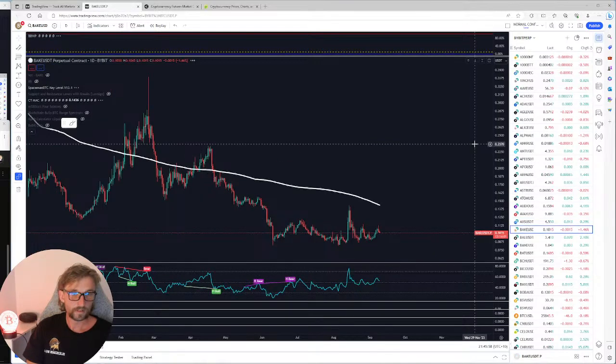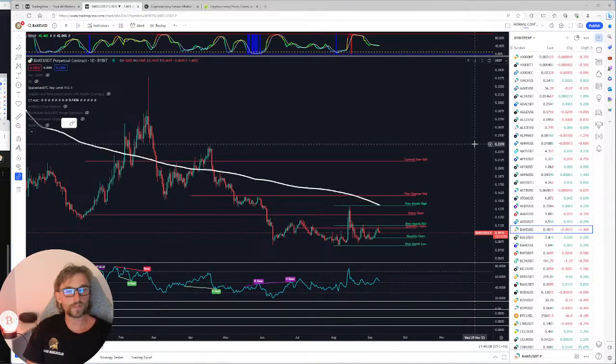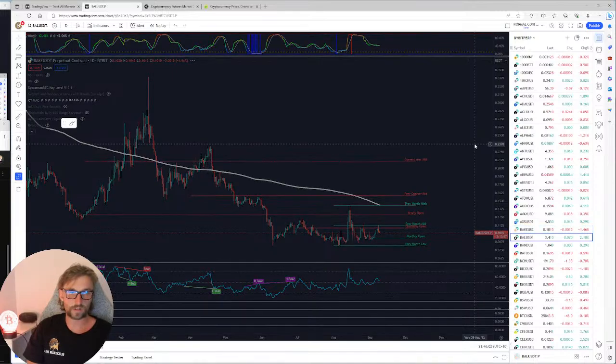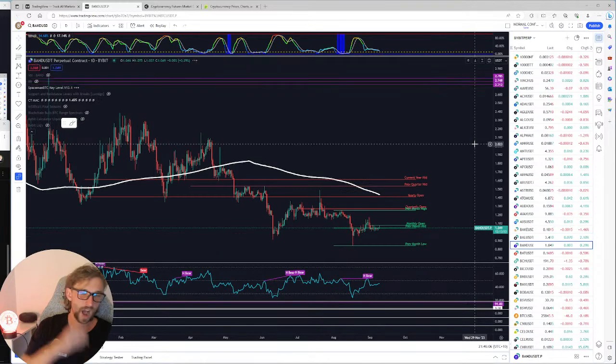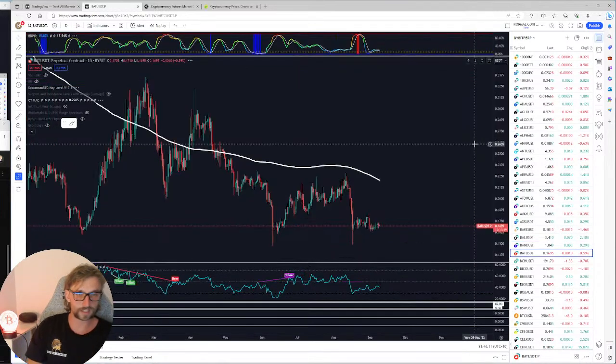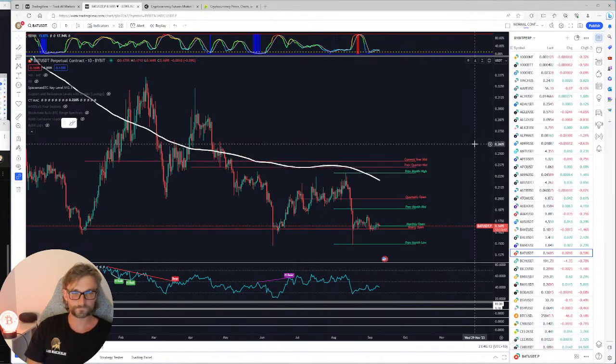Man, where's like the Rune at and stuff? Balancer, man. Well, these are all ghosts of bull markets past. But it was here in 2017.